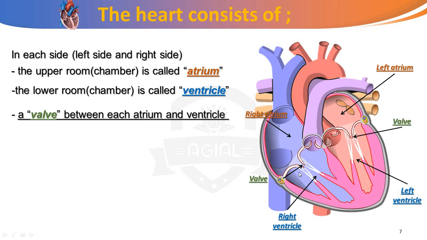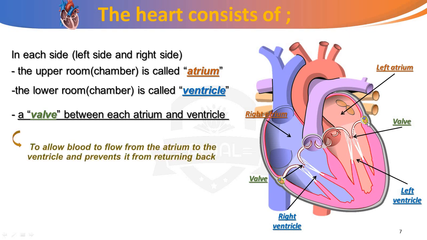For example, the blood is in the right atrium, so it passes through the valve to the right ventricle, but it can't return back to the right atrium. In the same way, in the left side, the blood that is in the left atrium passes through the valve to go to the left ventricle, but it can't return back to the left atrium because of the valve.